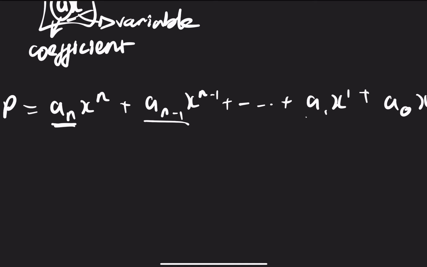The coefficients in this case can be anything. Usually in the problem statement, they will tell you whether the coefficients are integers, real numbers, quotients, whatever.